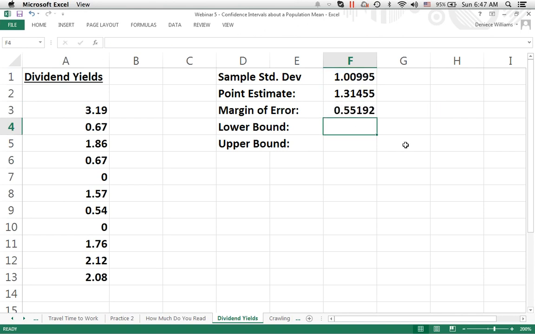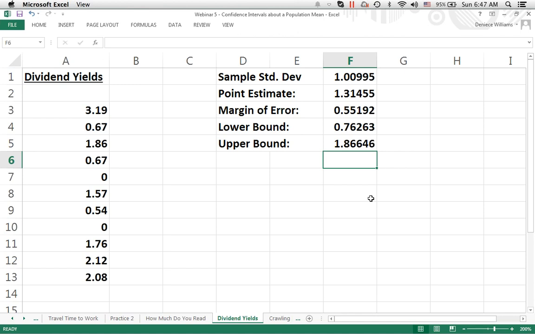So I come up with a margin of error of 0.55. Now, what do I do with that? I use that with my point estimate. I take my point estimate and subtract 0.55, and I take my point estimate and add it. So I come up with a lower and upper bound of 0.76 to 1.87.